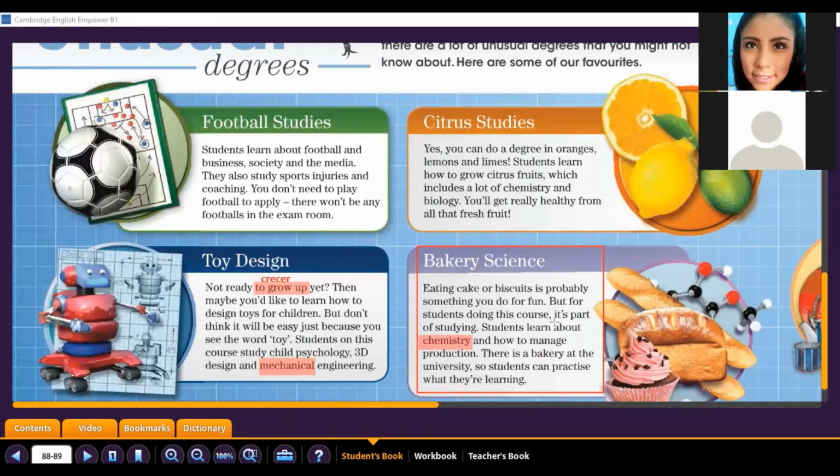Do you know what's the meaning of this verb, to manage? From this verb, we have the word manager. So what do you think is the meaning of this word? ¿Qué significará?